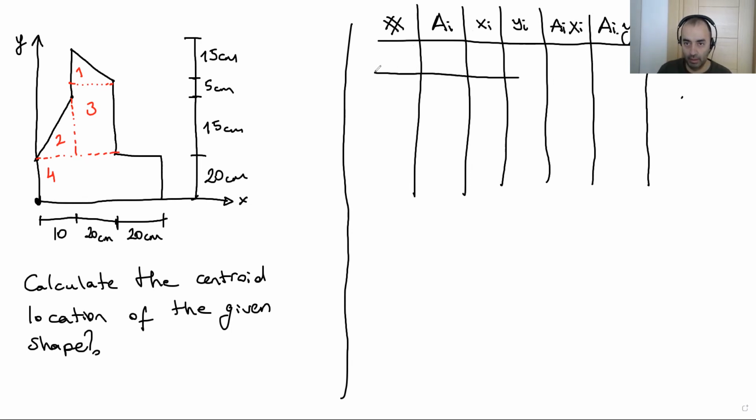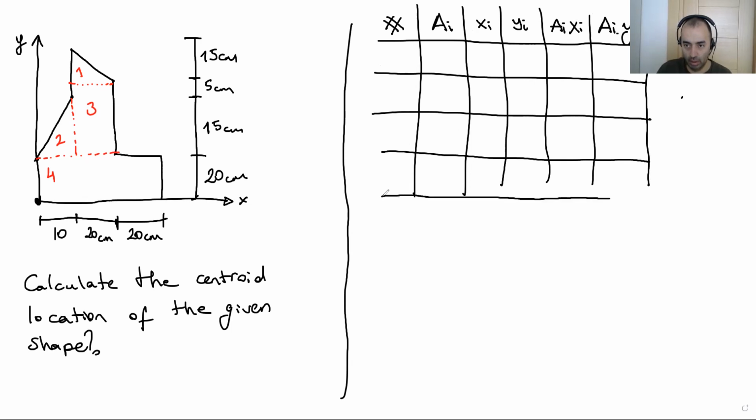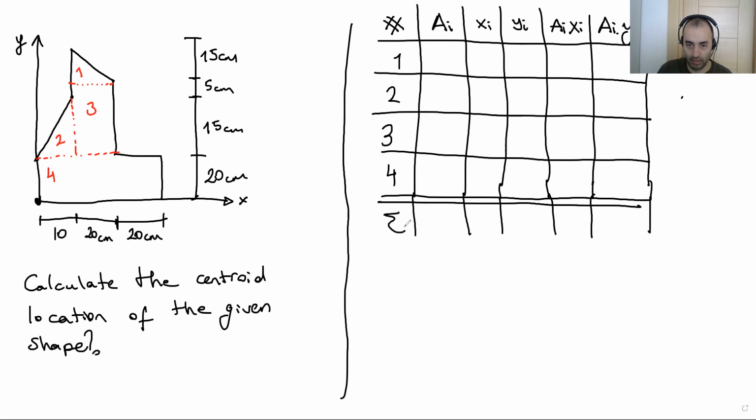Okay, this is our table, and we have 4 members, and we are gonna get the total numbers here at the end. 1, 2, 3, 4. This part is the total. We will do it at the end.